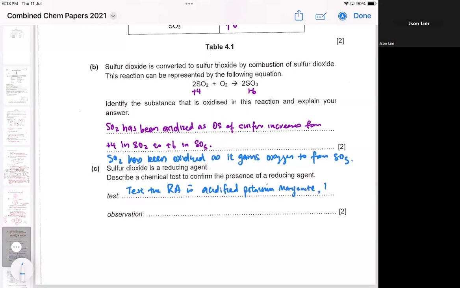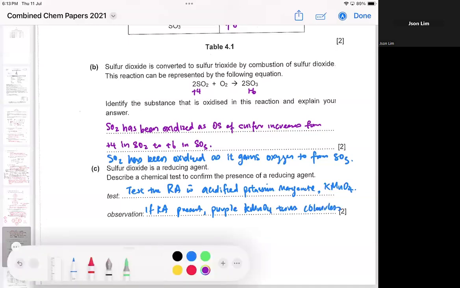Okay, the formula is KMnO4. Observation: if a reducing agent is present, the purple KMnO4 turns colorless. Okay, this is one of the oxidizing agents that you can use to test.